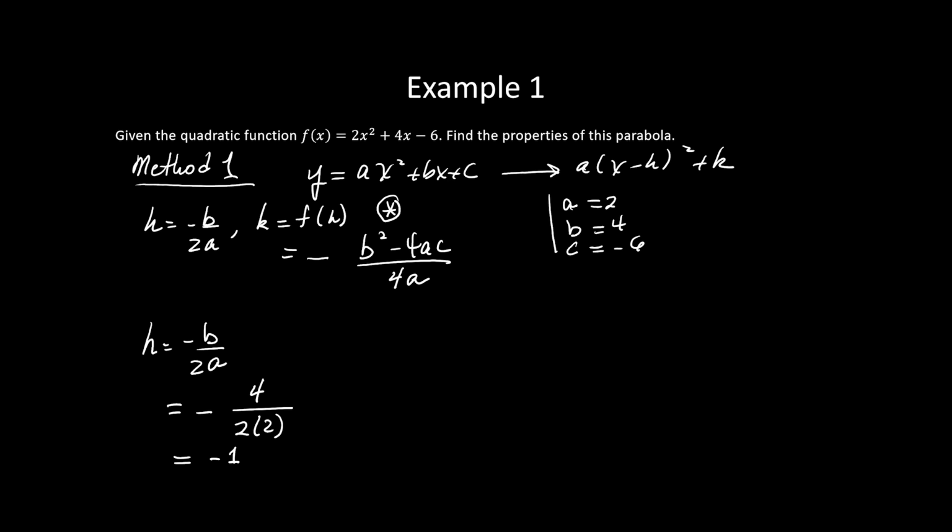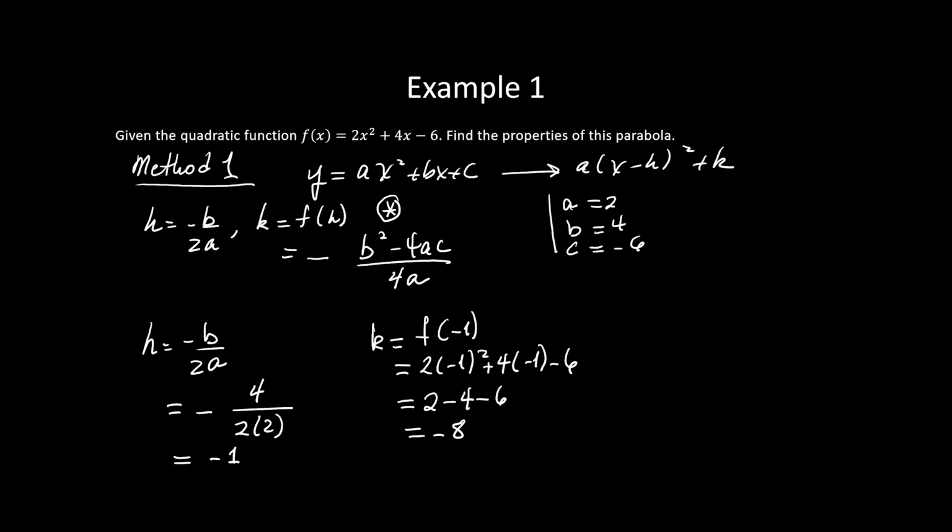Now, k is again the function evaluated at negative 1, or 2 times negative 1 squared plus 4 times negative 1 minus 6. This is 2 minus 4 minus 6. That's negative 8.